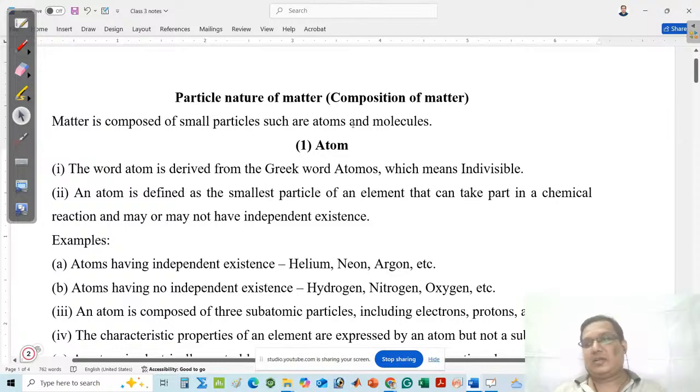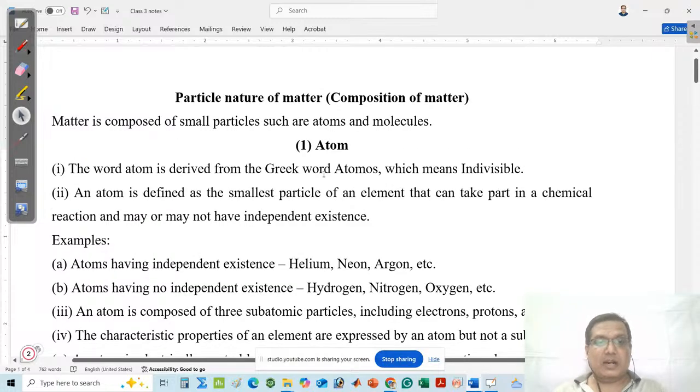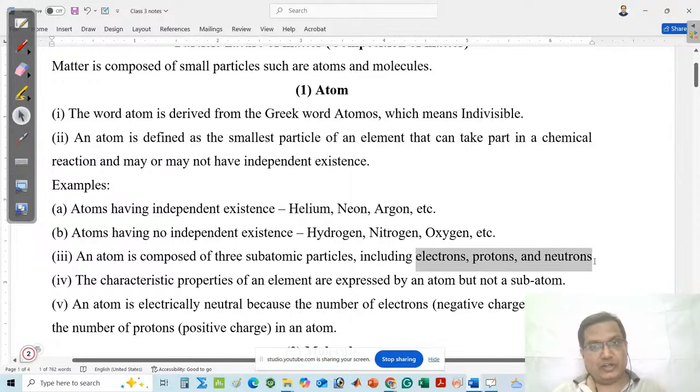Atom means paramanu, molecule means anu. At first I will discuss the atom. The word atom is derived from the Greek word atomos, which means indivisible. Indivisible means you cannot break, but today science says that an atom can be broken into subatomic particles. The subatomic particles are electron, proton, and neutron.